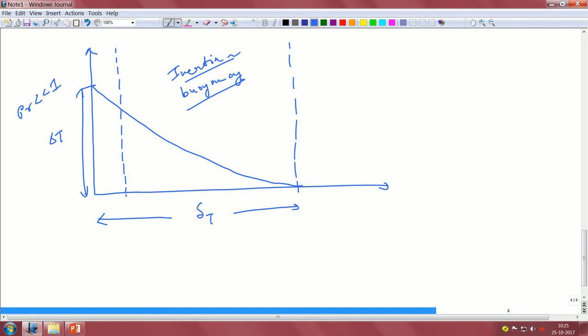So, beyond this delta T, remember the difference between the last situation and this, beyond this delta T once again buoyancy goes to 0.